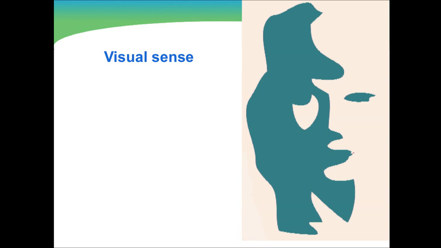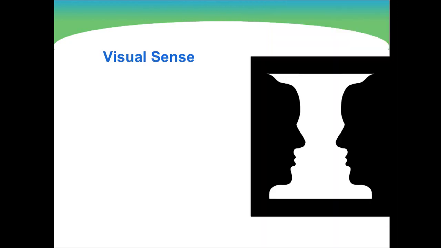Observing, for example, this image, what is it possible to see? Look at the illustration for a few seconds. Within the image, we can find two different images. Observing another image, what is it possible to see?